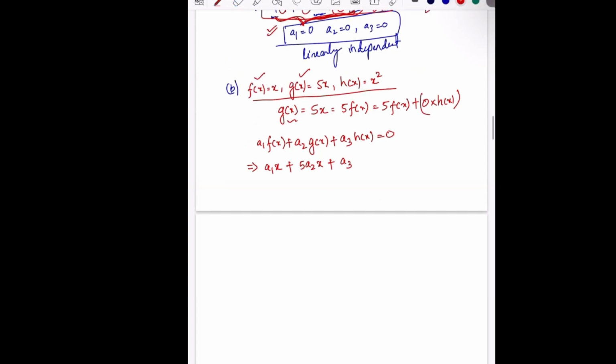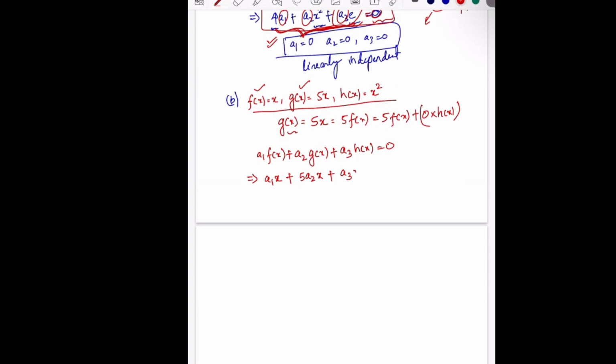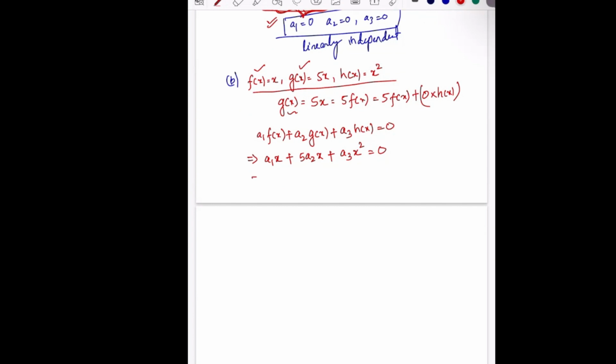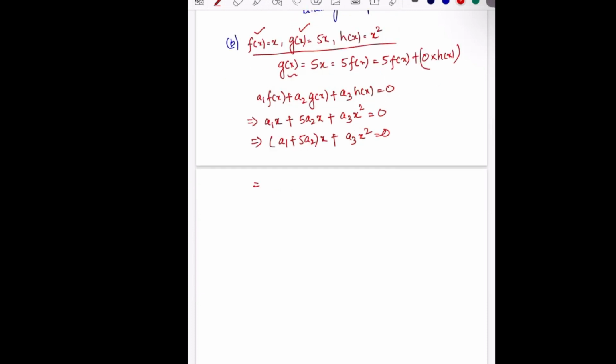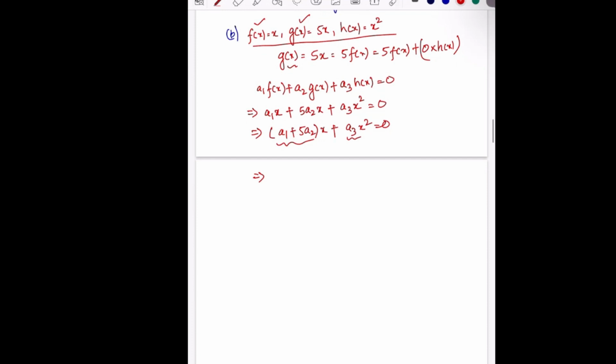So this is equal to 0. Now you can write a1 times x, so factor out the common term x, plus a3 x square equal to 0. So this means that there is a coefficient of x and a coefficient of x square, and on the right hand side there is 0. So each individual term will be 0.